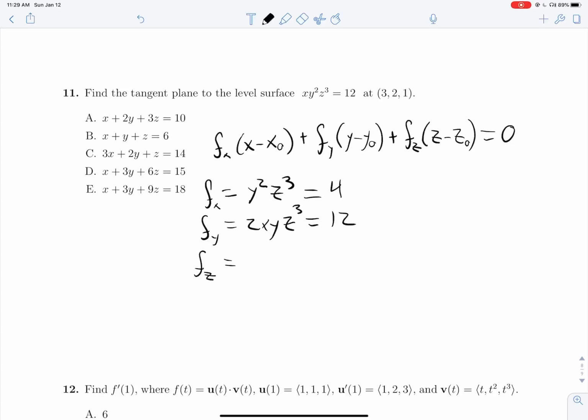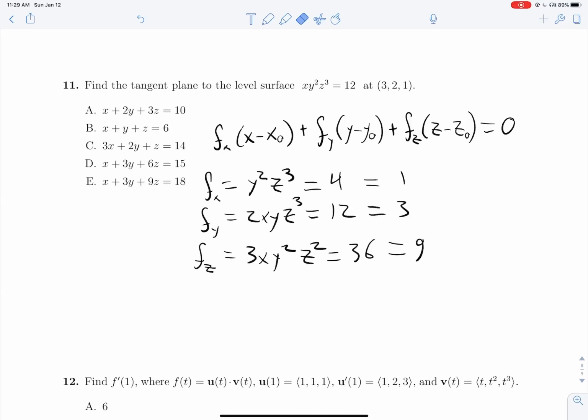And finally, fz is going to give us 3x y squared z squared, which will be 4 times 12, which is 36. And before we do anything, we're actually going to simplify all these down, because we can divide everything by 4. We will get 1, 3, and 9.